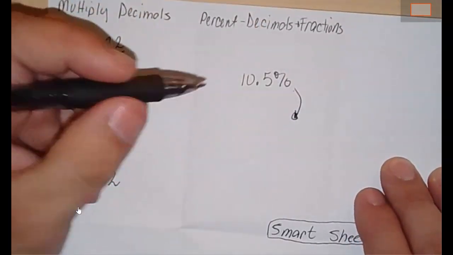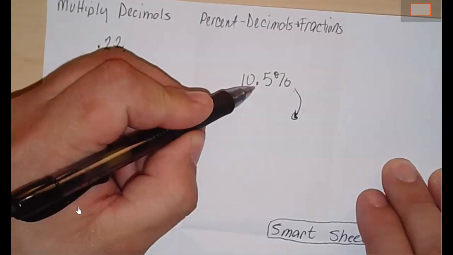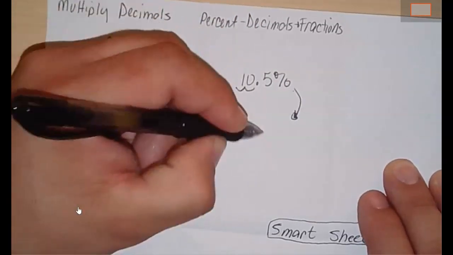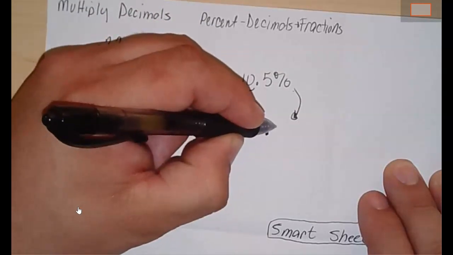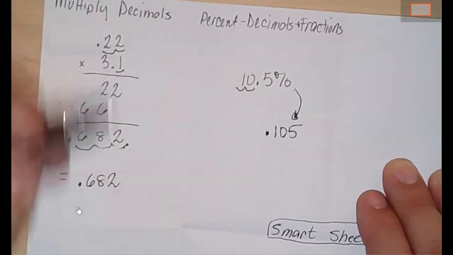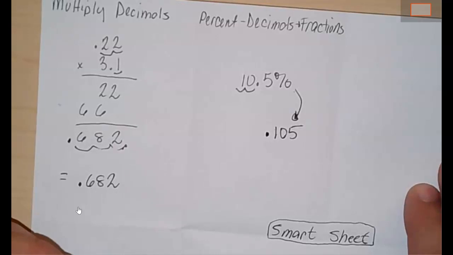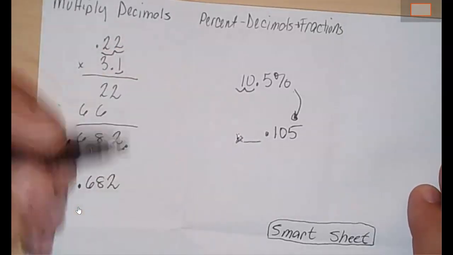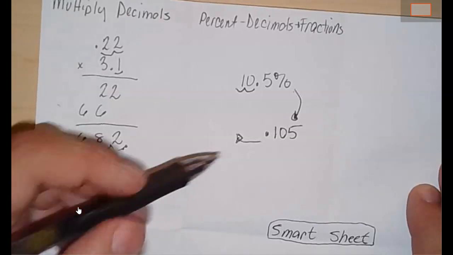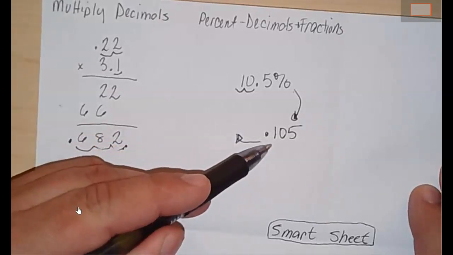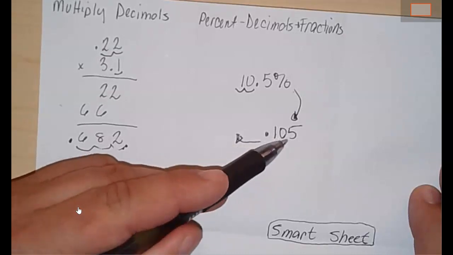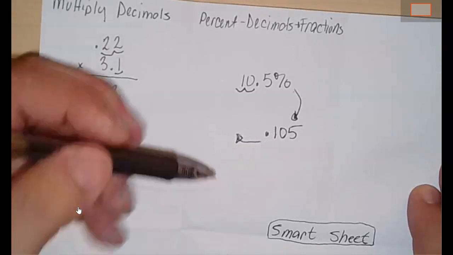Now we want to turn it into a decimal, how? Simply by moving 2 bunny hops to the left. 1, 2. Okay. By now it's super easy for you guys. And we talked about the value in reading this two ways, right? 0.105 or 105 thousandths.